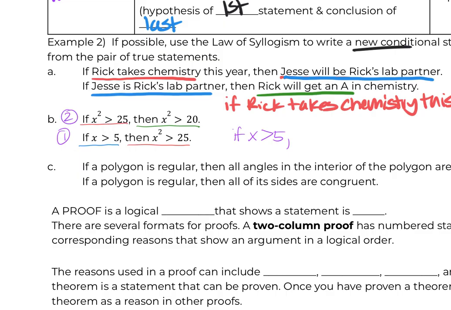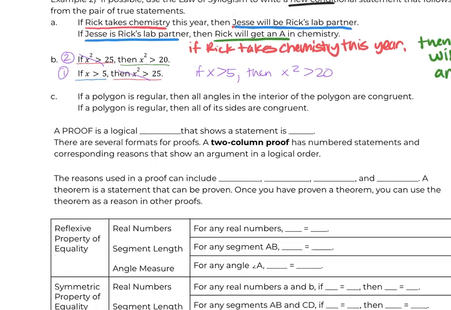And then you're going to come read this guy. And if x squared is greater than 25, then x squared is greater than 20. So the thing that's crossed out that I'm skipping is that middle piece, but it doesn't necessarily mean it was written in the exact same order that we had before. So watch out for that one.